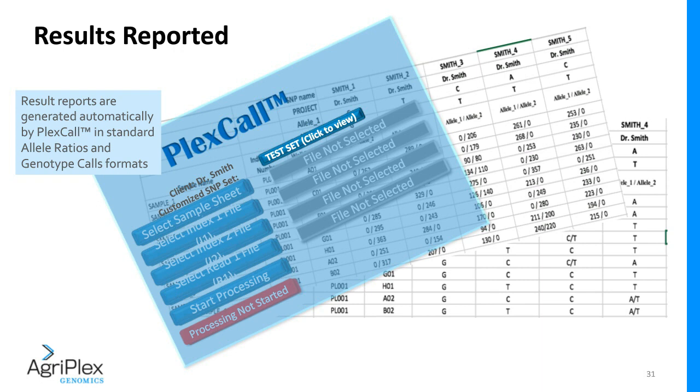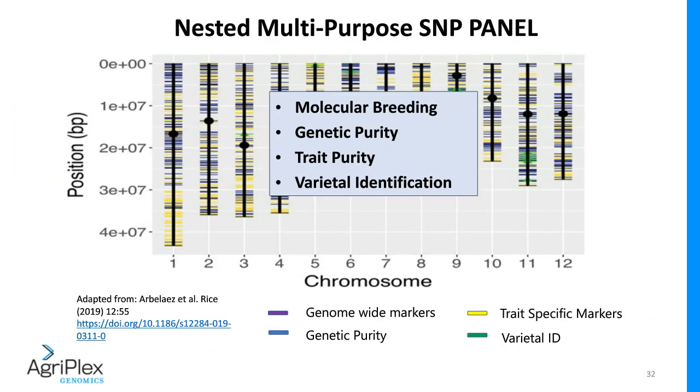The data from the sequencer is imported into it, and then it automatically makes the calls and can construct a concise report. So with this platform at hand, we partner with industry or academia or the public sector to create SNP marker panels that will fit their various needs.